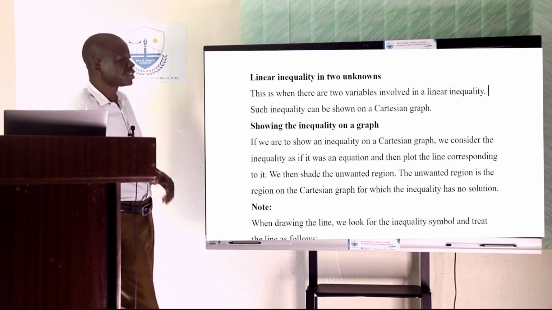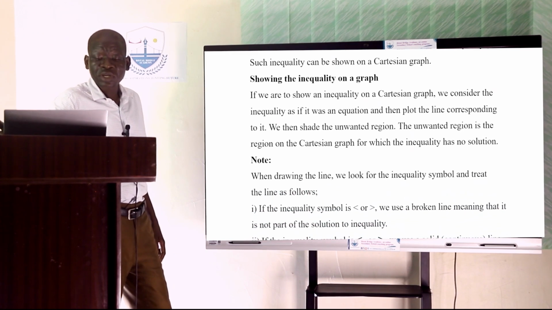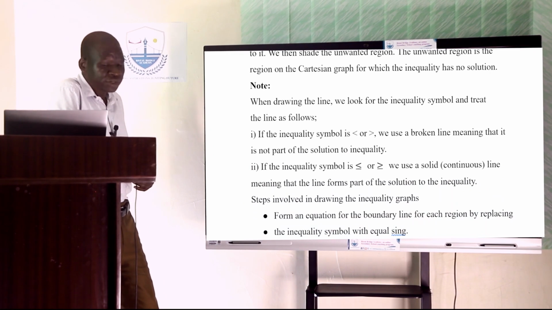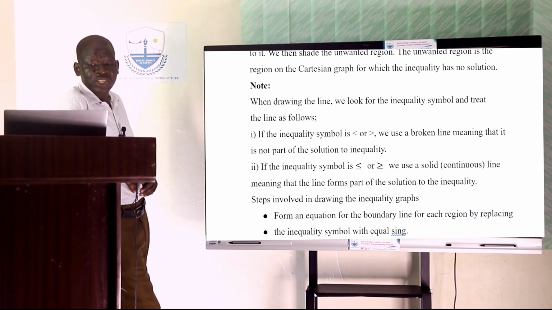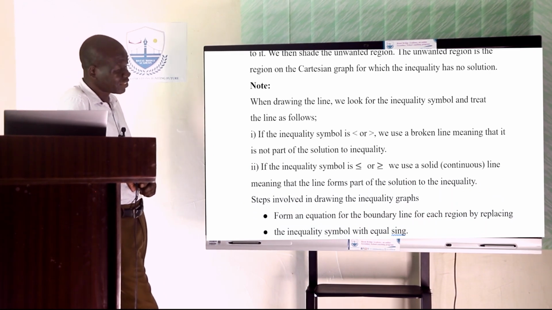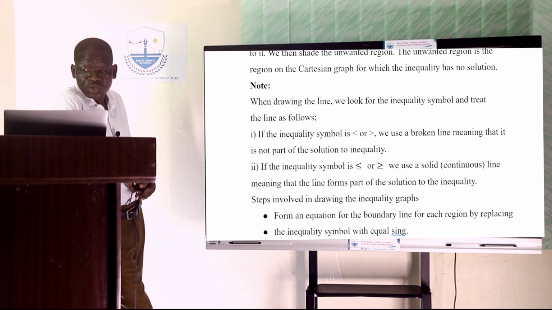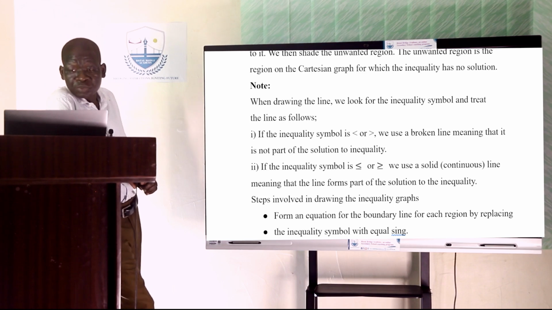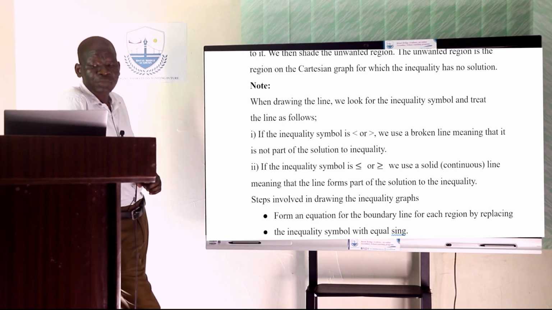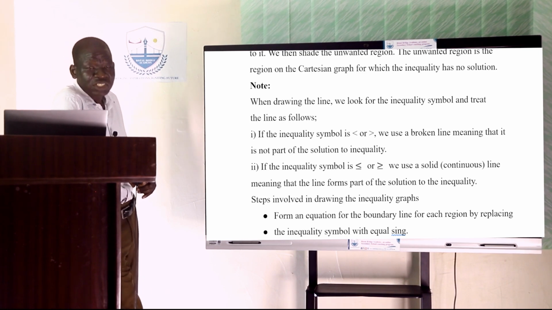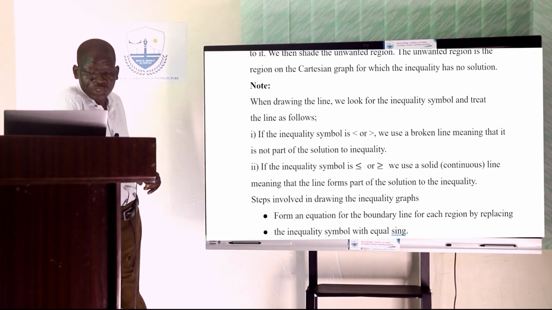One, if the inequality symbol is less than or greater than, then we use broken lines or dotted lines, meaning that it is not a part of the solution to the inequality. Meaning it is not a part of the solution to the what?